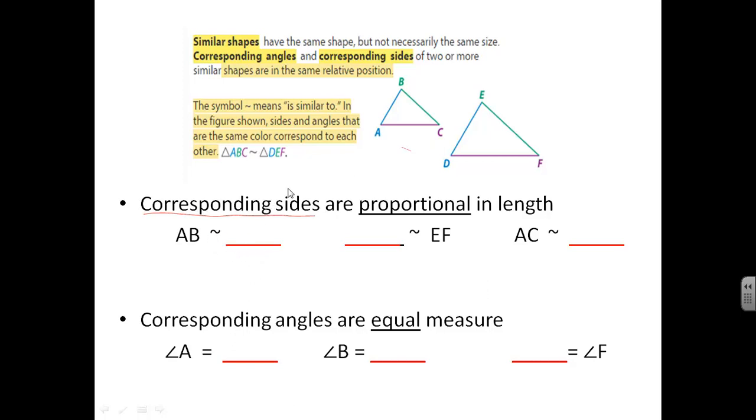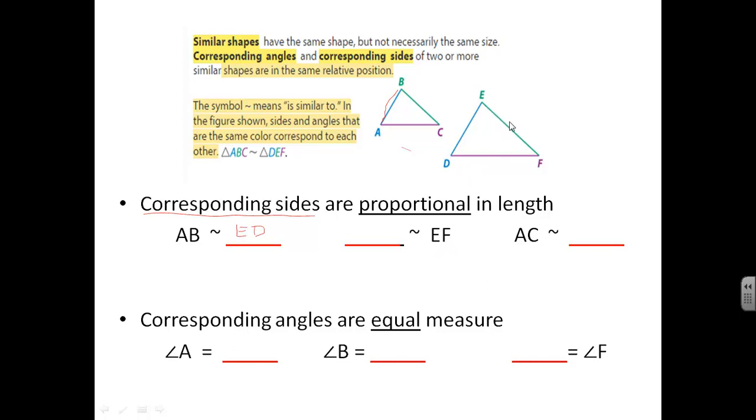So let's look at line segment AB in the smaller triangle and what line segment is similar to that in the larger triangle. That's right, it would be ED. They have theirs color-coded. It's not color-coded on your worksheet, but it is color-coded here on the PowerPoint. Okay, so which line segment in the small triangle would be similar to EF in the larger triangle?